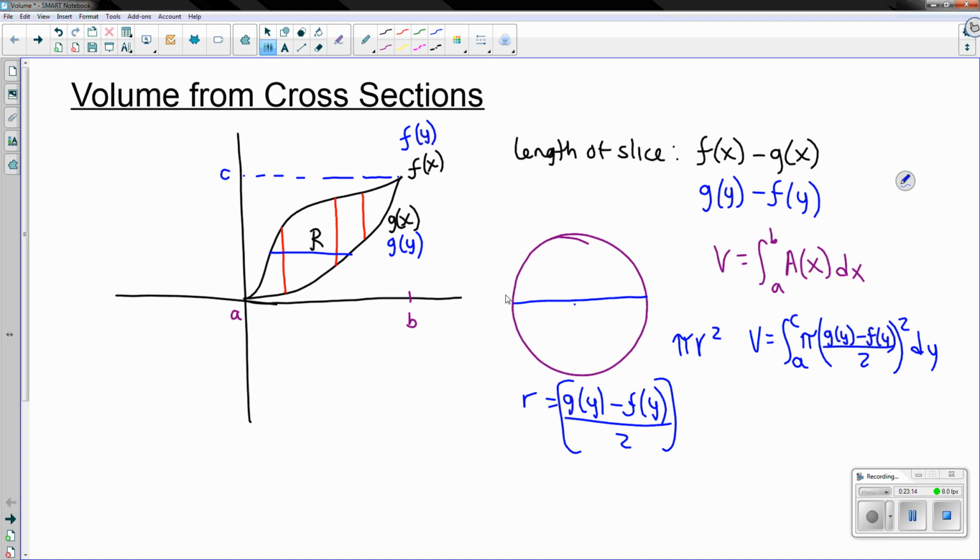So that's what you would have to do for your circle. And if it happened to be a semicircle, which sometimes pops up, well, instead of pi r squared, we're going to do 1/2 pi r squared, and we just have to add that constant 1/2 into our integral.